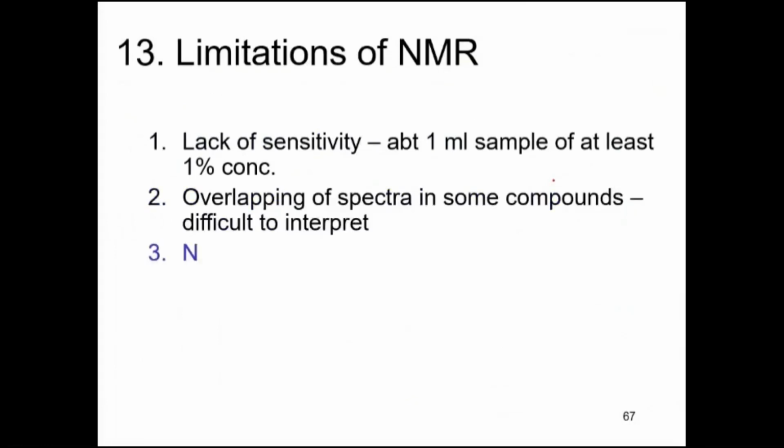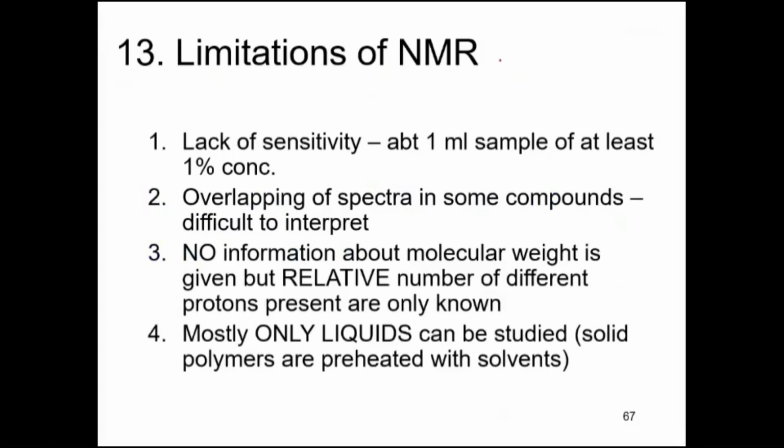So before going further, let's see the limitations of conventional NMR. It lacks sensitivity. About 1 ml of the sample, at least 1% concentration, is required. Overlapping of spectra in some compounds makes it extremely difficult to interpret.